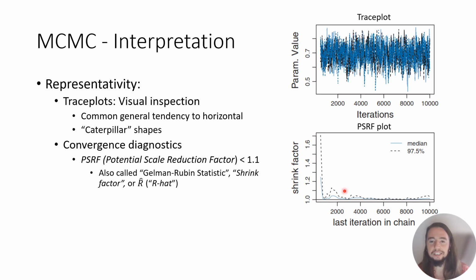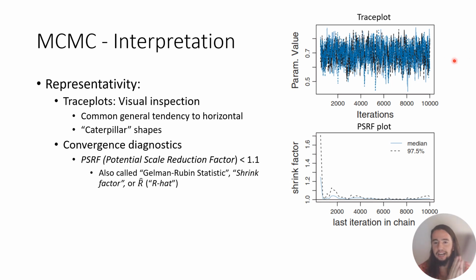A trace plot is something like this. It's a plot where you have the raw values that each chain assigns to each iteration. As you can see here, we have 3 chains: dark blue, black, and light blue. The form to seek here is basically a caterpillar, okay?